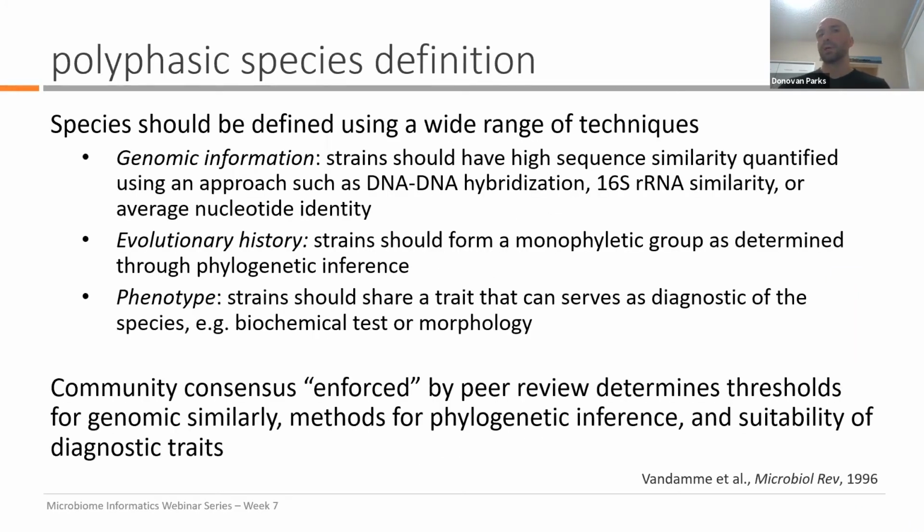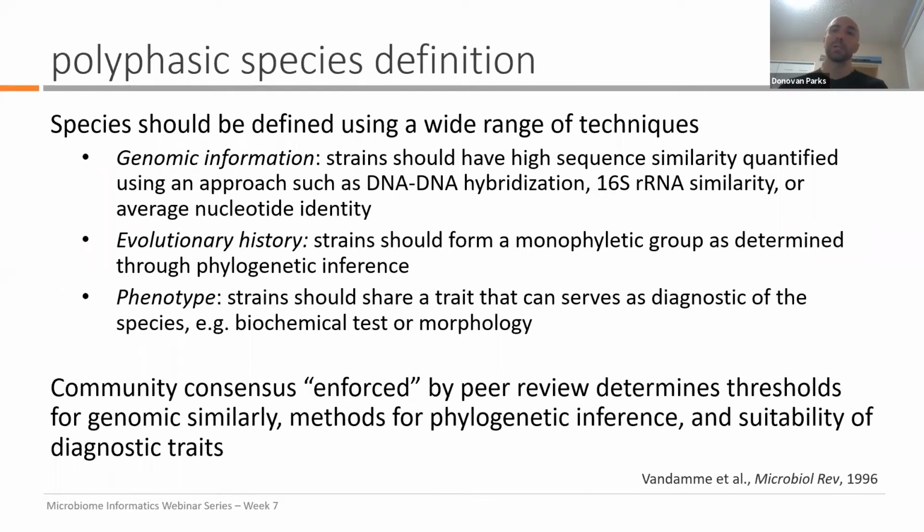Okay, so I'm just going to go over one species definition because this is by far the most widely used definition in our field, and that is the polyphasic species definition. So the idea here is basically that we should bring all the information we have to bear to decide what strains belong to a species.